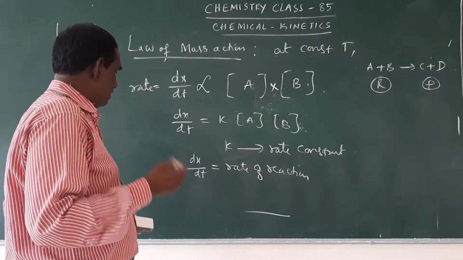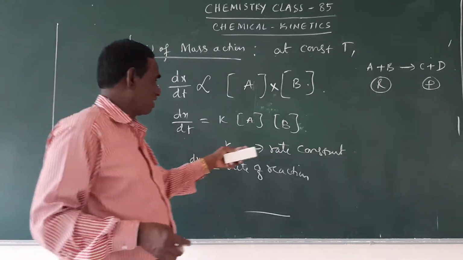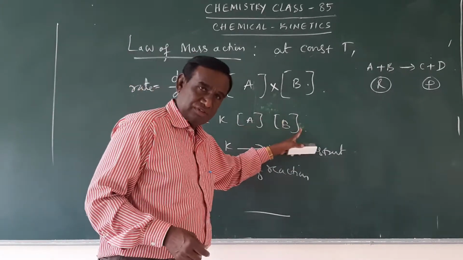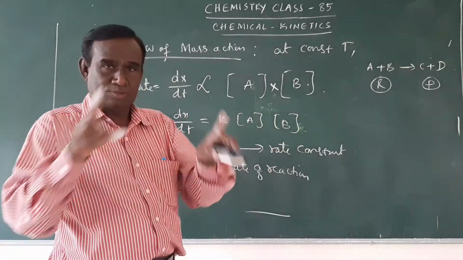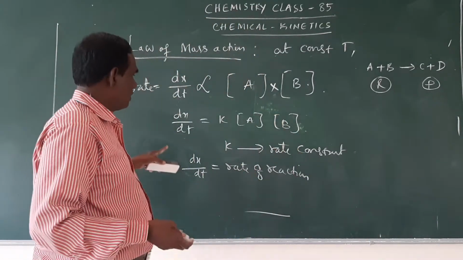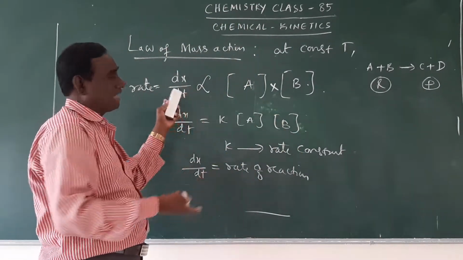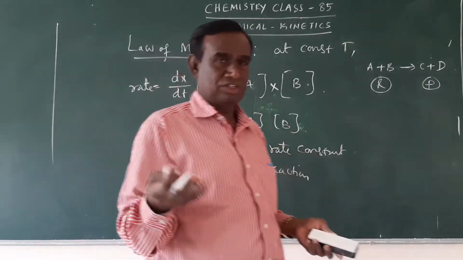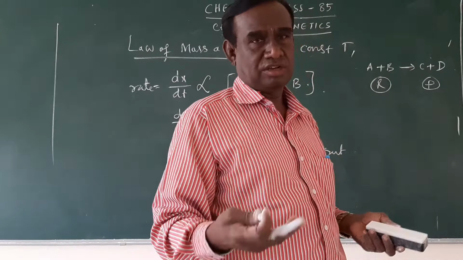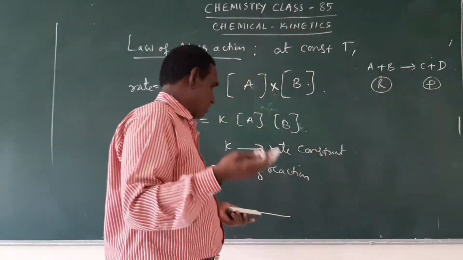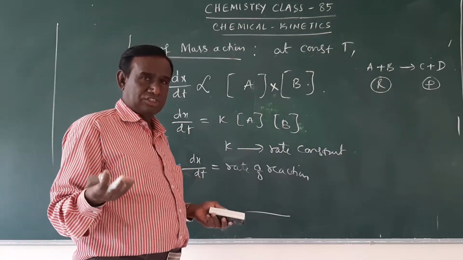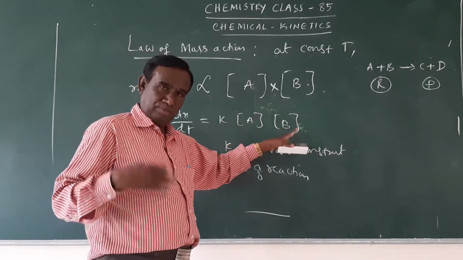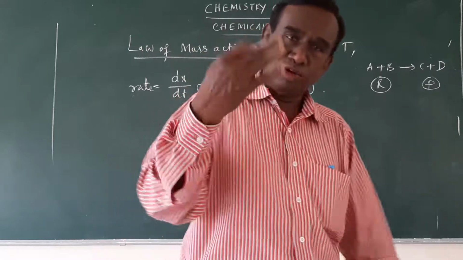Concentrations are expressed in square brackets, and that is also the active mass of A and active mass of B. Concentrations are expressed as active masses, and active masses are nothing but the effective molar concentration. Therefore, concentrations are replaced by active masses: molar concentration of A, molar concentration of B.